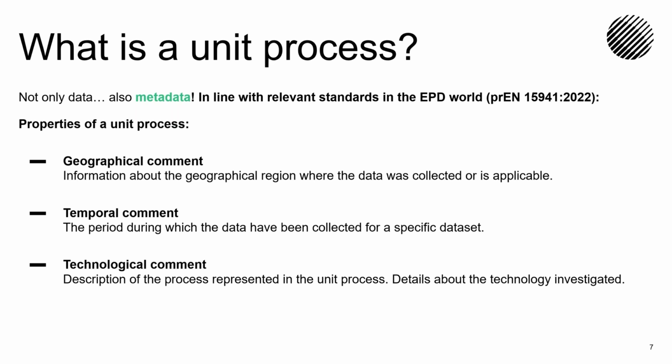Geographical comments are important because they give our users information to understand if the geographical region meets the scope of their study. In a similar way, the temporal comment gives the period during which the data have been collected, and the technological comment gives information about the process that is represented in that unit process, and also gives details about the technology that has been investigated.